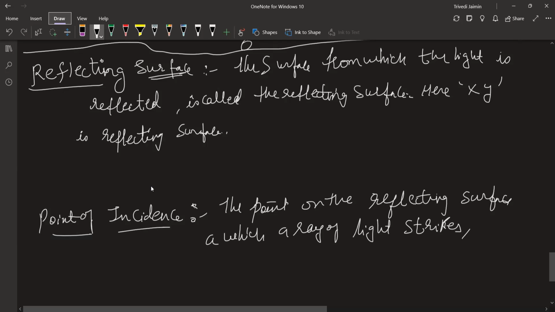And it is the same point from which the reflected ray moves away.